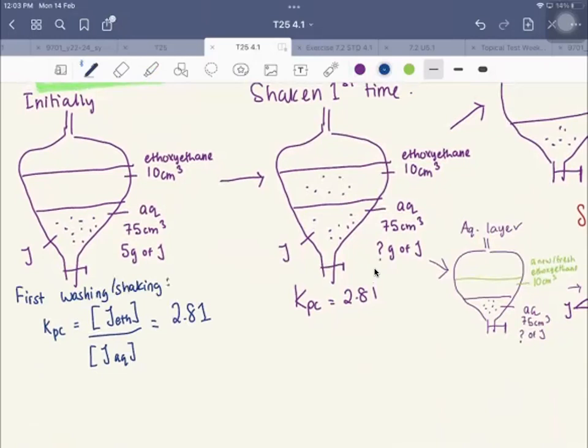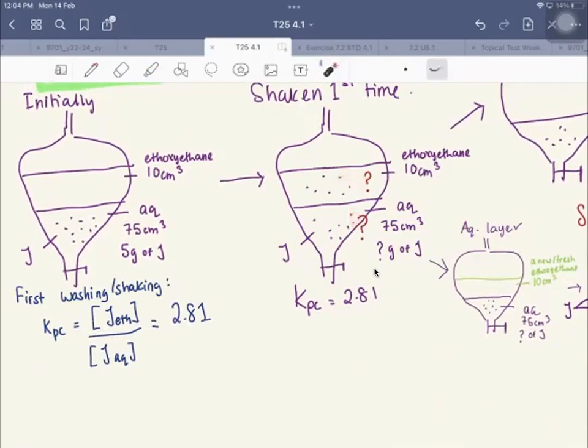We want to know the mass that goes into the ethoxyethane and the mass that goes into the aqueous layer. So you can see that there are two unknowns here.